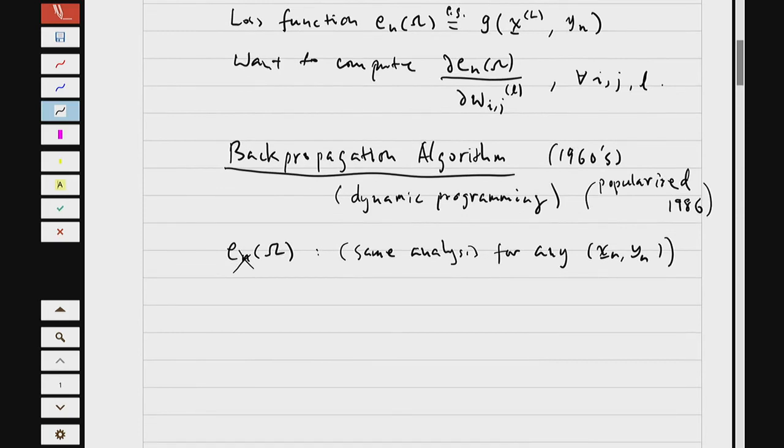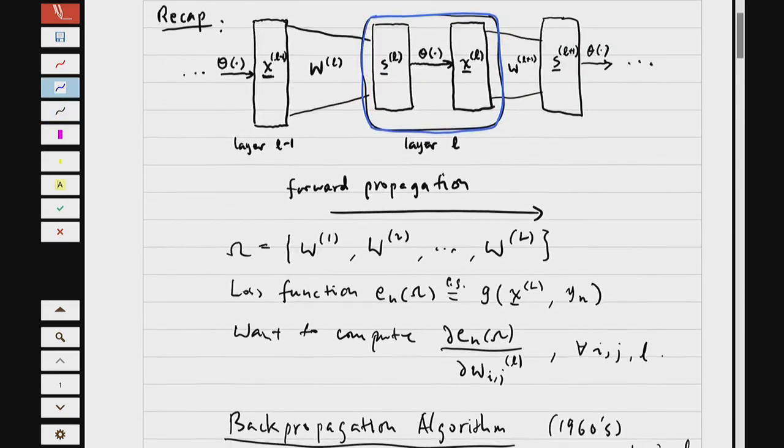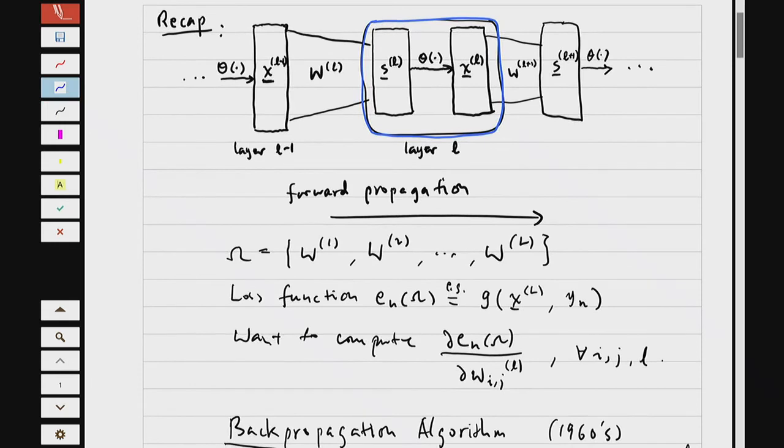Now, in a nutshell, instead of going forward, we're going to do backward calculation, and layer by layer, we're going to keep track of a quantity that we're going to denote by delta. For the L-th layer, we're going to have a vector called delta.